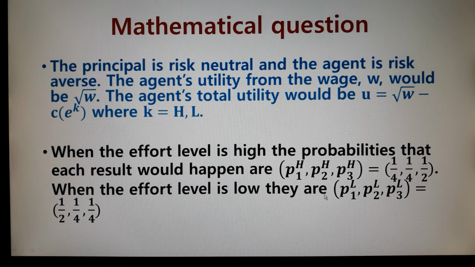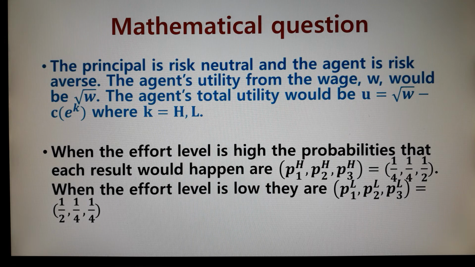When the effort level is low, it's the opposite. The probability that the lowest profit, 1 million, happens is half, and the largest profit, X3, 9 million, would be a quarter. So once again, when the effort level is high, the probability for 9 million is highest. When the effort level is low, the probability for the smallest, 1 million, is half, biggest.